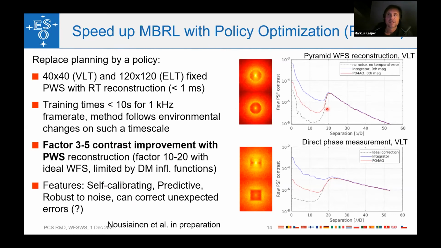So the idea is that you replace the planning algorithm by a policy, and this policy is simply, let's say, a step where you take the last state, and it automatically gives you in one step the best action that maximizes the reward.